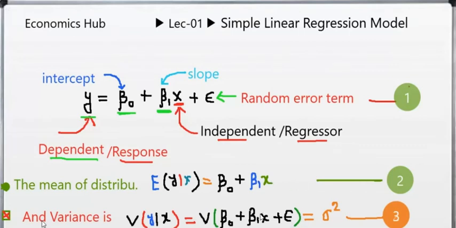First we have defined what the simple linear regression model is and why we call it linear. It is a model with a single regressor x, because here we have only one regressor, so we call it a simple linear regression function. It may be x1, x2, x3, up to xk, a multiple linear regression function.